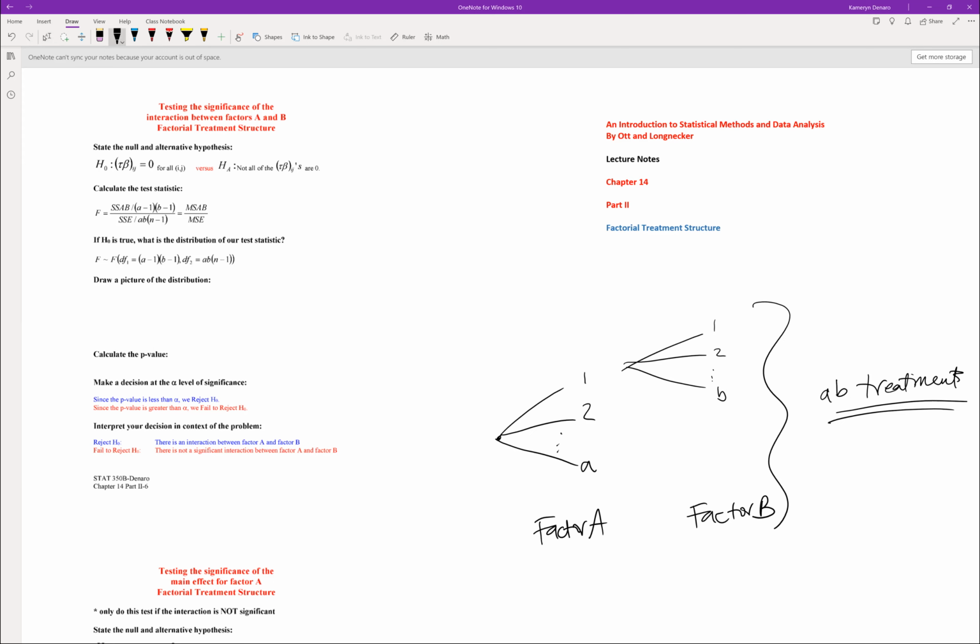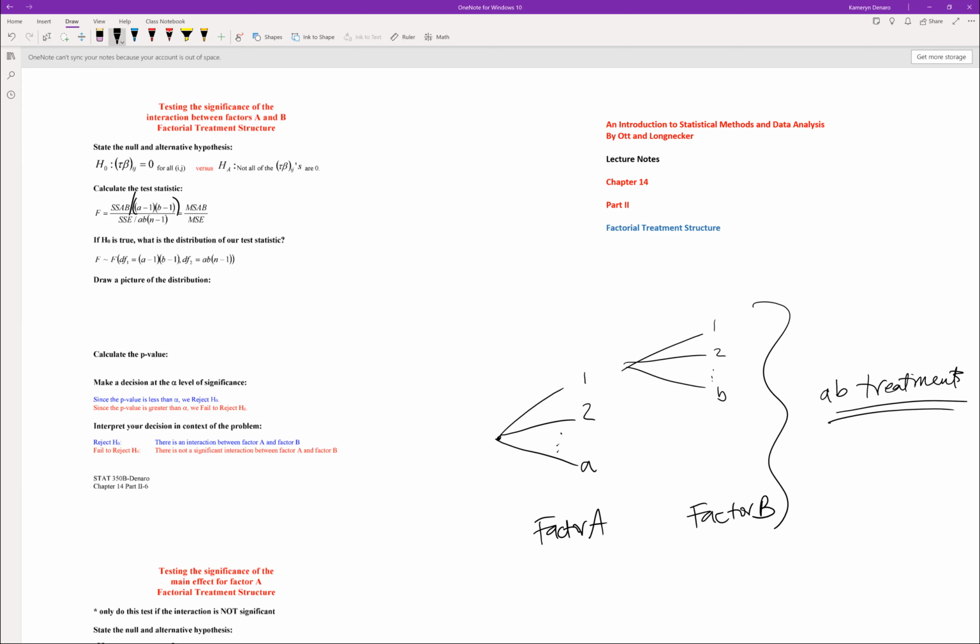So what you're going to do is first test whether the interaction is equal to 0 versus at least one of the interaction terms being different than 0. We can do this by using an ANOVA table and calculating our sums of squares.